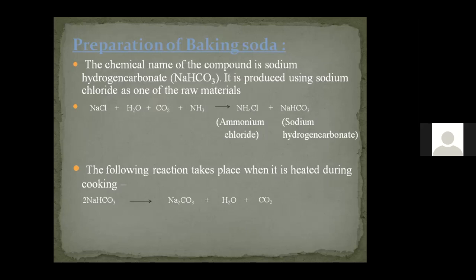When we heat the sodium bicarbonate, it undergoes dissociation, or splitting, and produces sodium carbonate, water, and carbon dioxide. This carbon dioxide is responsible for the softness of the food which contains baking soda. So the main use of baking soda is in the cooking industry, or in food.